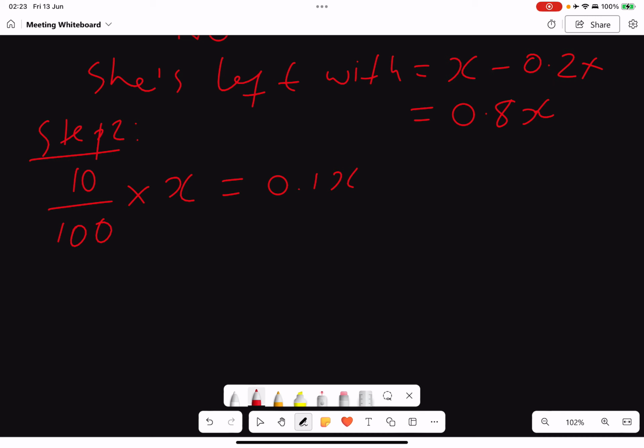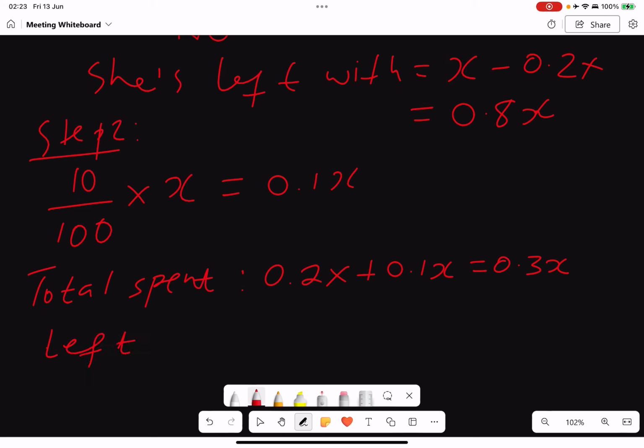So her total spend so far is 0.2x plus 0.1x, which gives us 0.3x. So the money she's left with is x minus 0.3x, which is 0.7x.